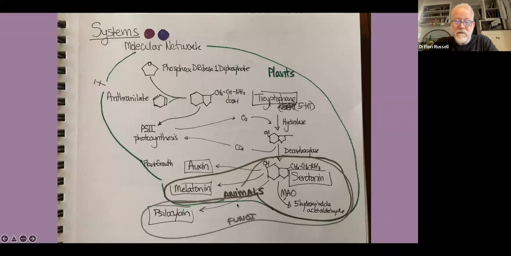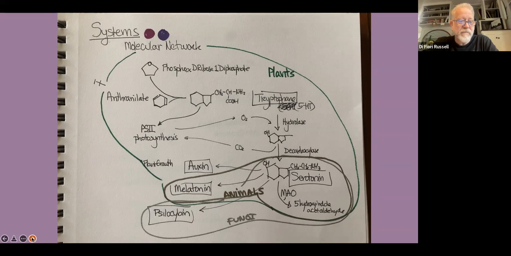And then finally, serotonin in fungi is converted to psilocybin, which is used for defense in the mushrooms and things that make it. It's a way to prevent animals from eating it. But now it's being looked at as used for medicine and things like that.